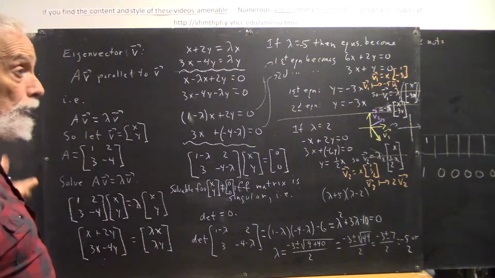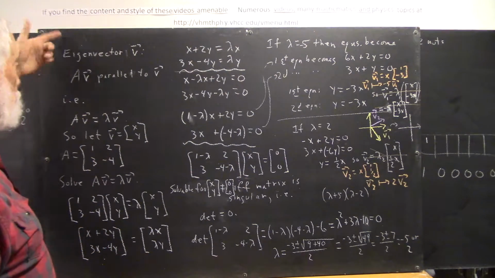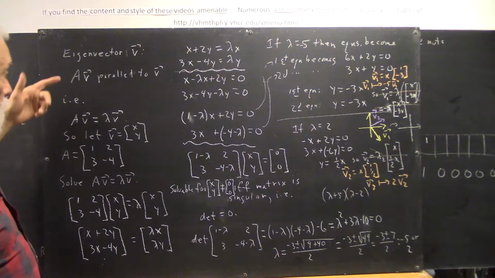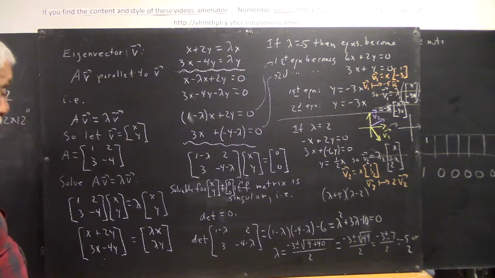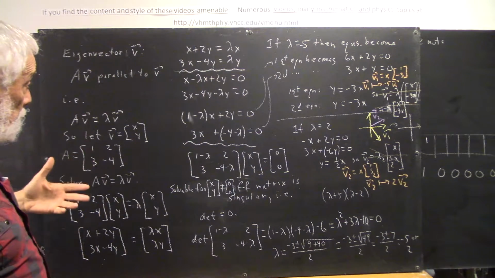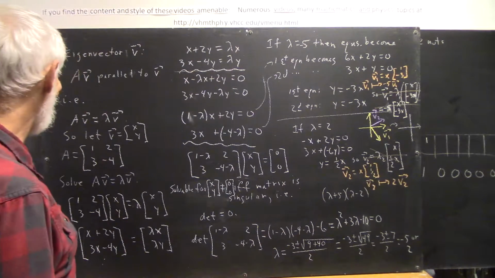That's a very desirable thing for many reasons that you'll become aware of. We're moving toward the idea of diagonalizing a matrix. Eigenvectors have other important applications, but diagonalizing a matrix is one of the big ones.